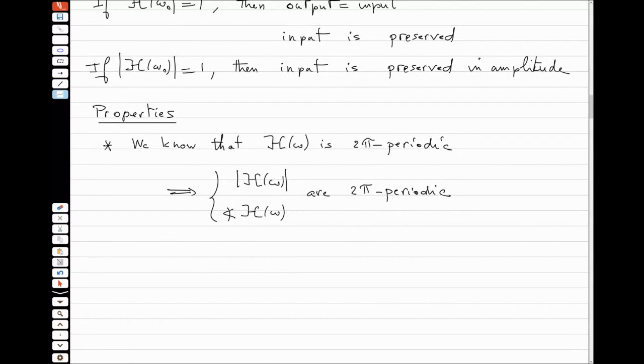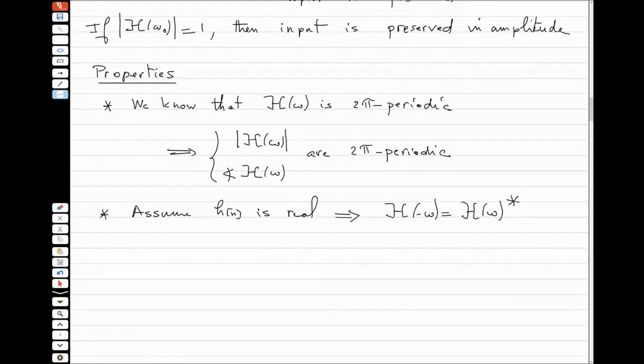Next, assume h of n is real. Then H of omega is Hermitian symmetric. Okay, so we just saw it.